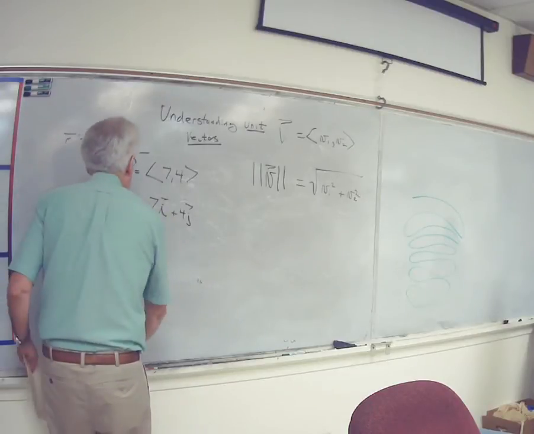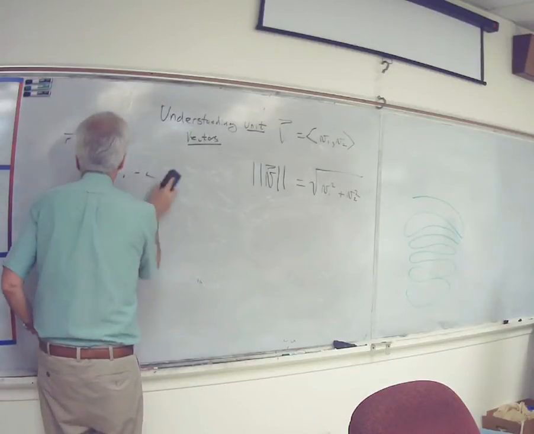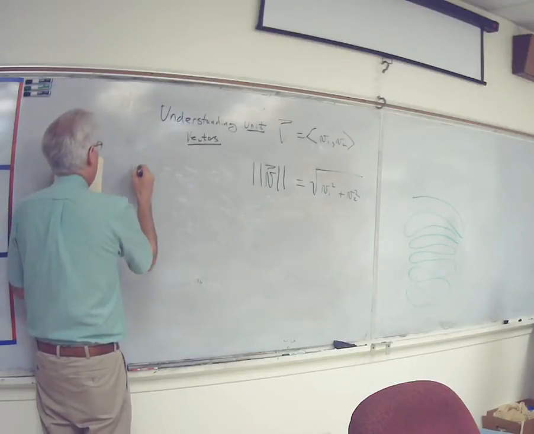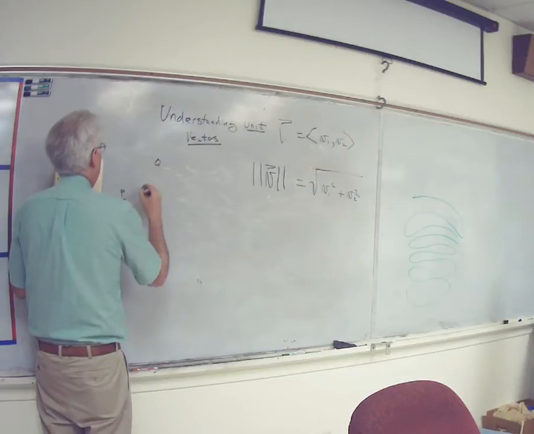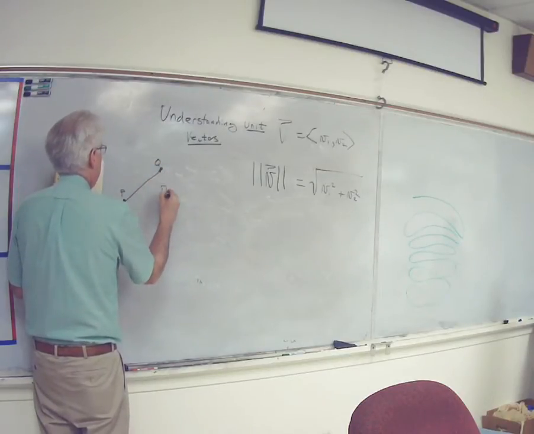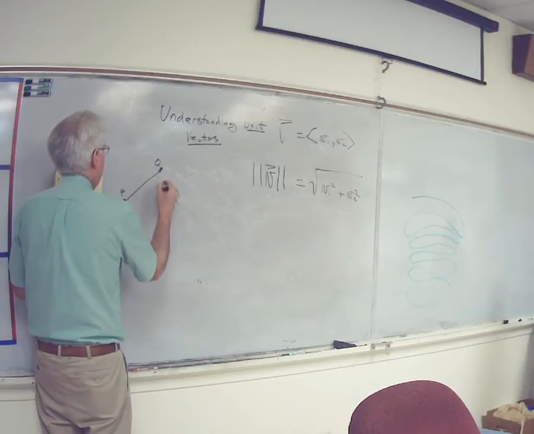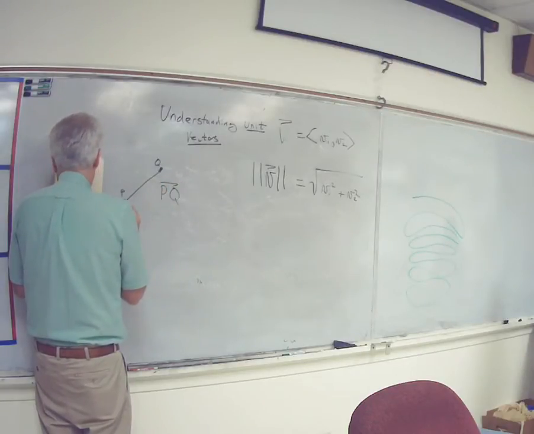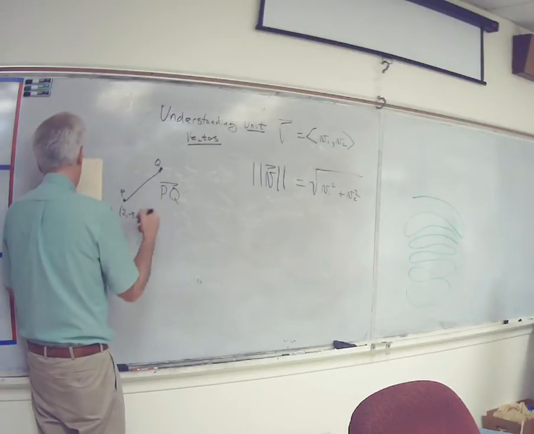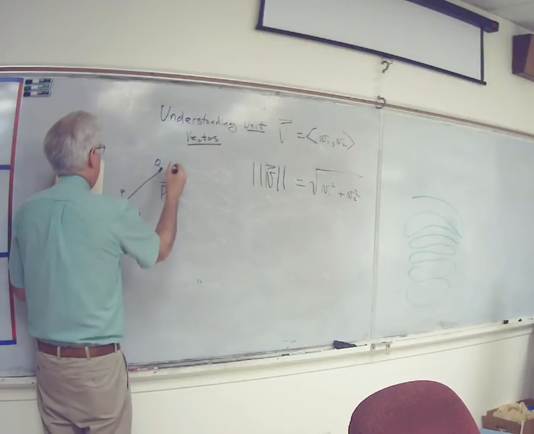Okay, so now let's start with one where we go through the whole thing. I'm going to give you a P and a Q, and we're going to talk about the vector PQ. P is 2, minus 5, and Q is minus 1, 3.